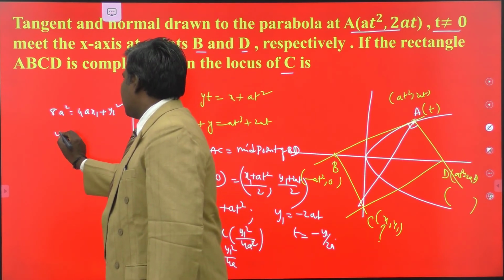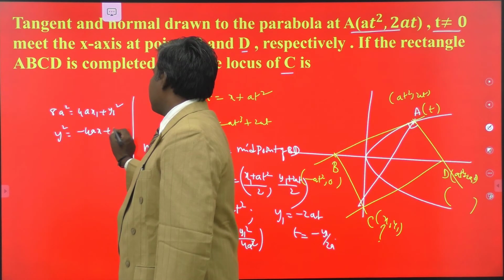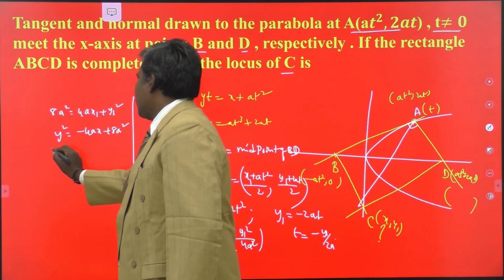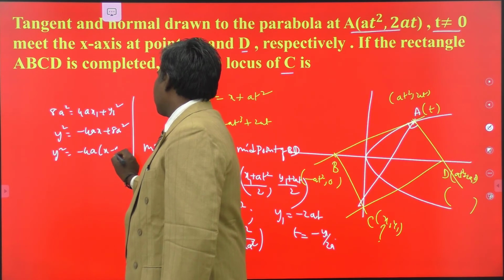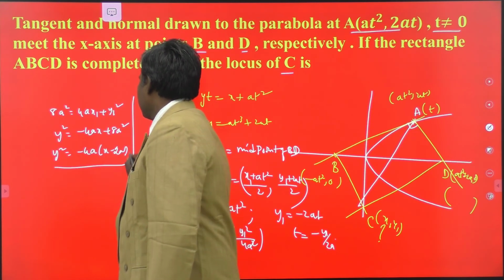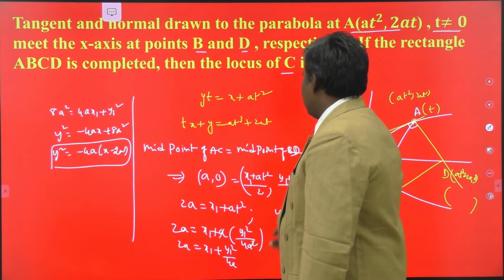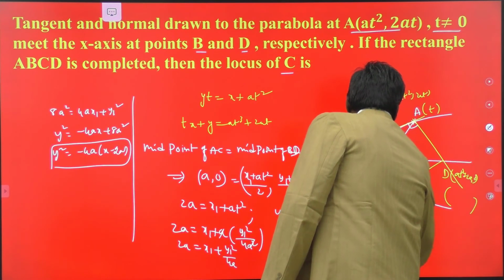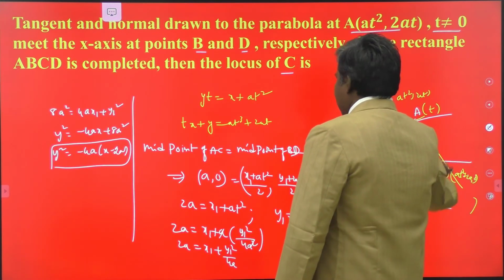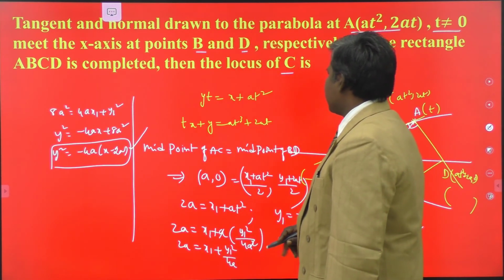Therefore, the locus is y² = -4ax + 8a², or y² = -4a(x - 2a). This is again another parabola. So the locus of the fourth vertex C (x1, y1) of this rectangle is y² = -4a(x - 2a).